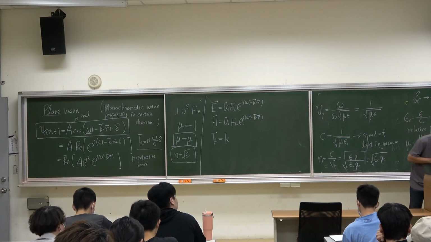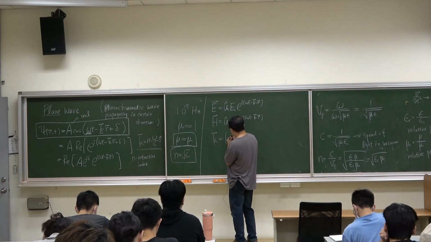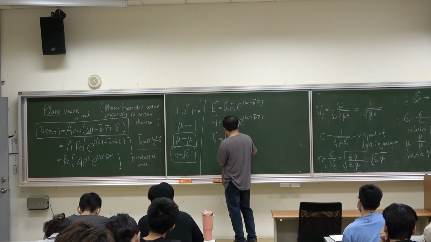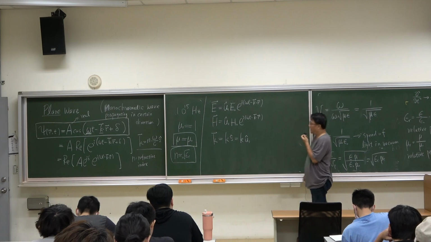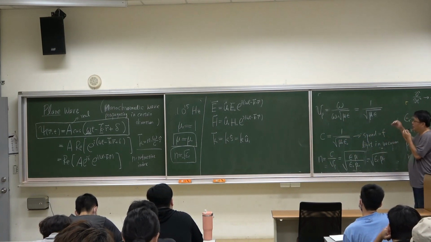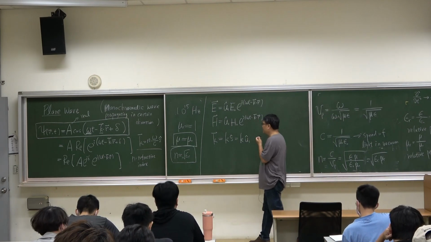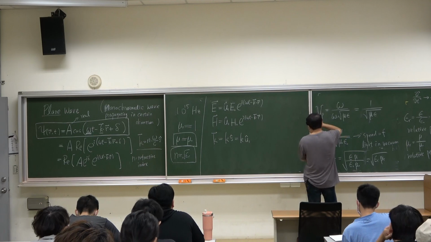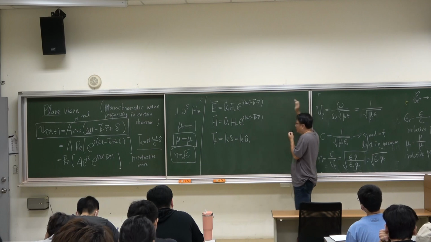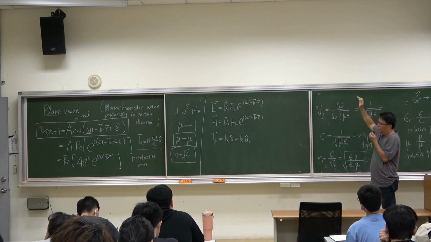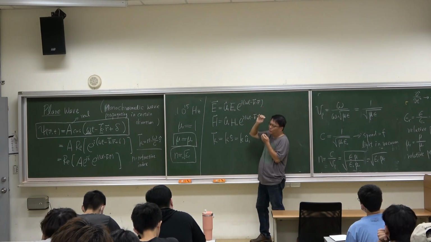Here U1, U2, and U3 are three unit vectors. We want to know their relations. But we cannot derive their relations directly from the wave equation; we can find the relations between them from the original Maxwell equations.